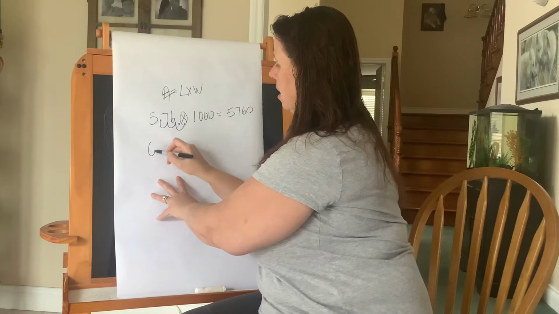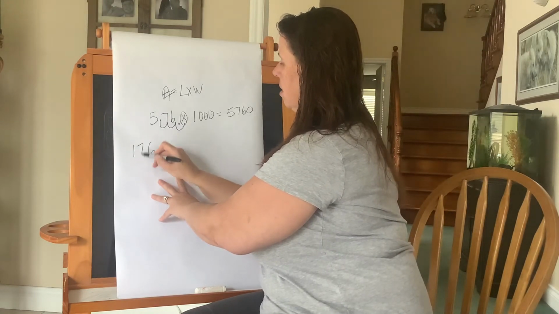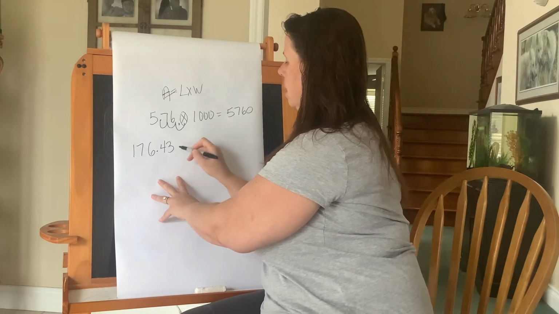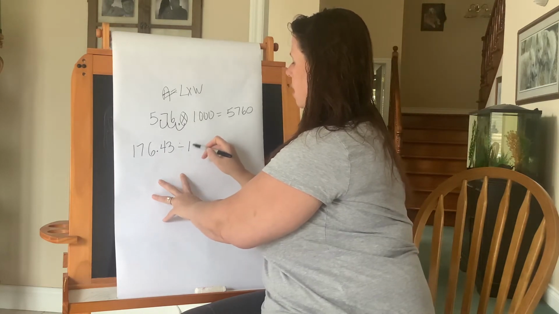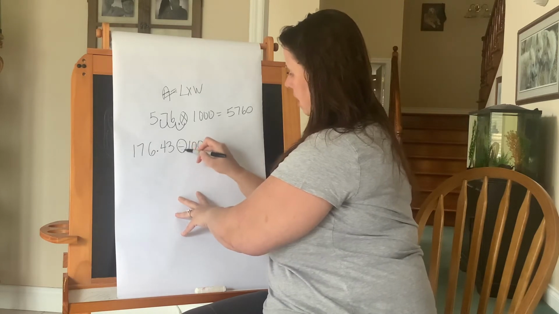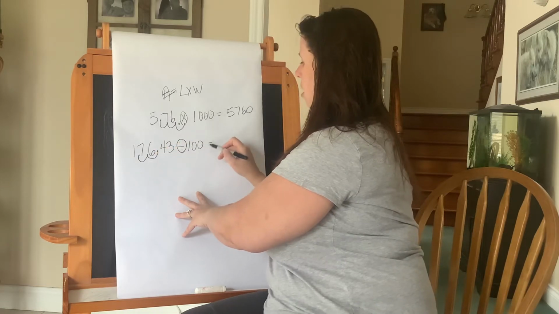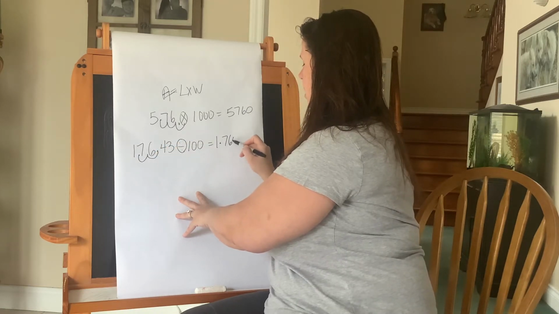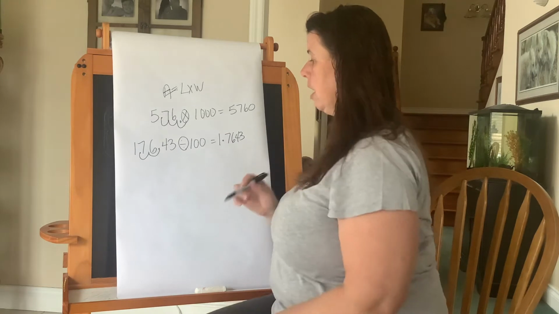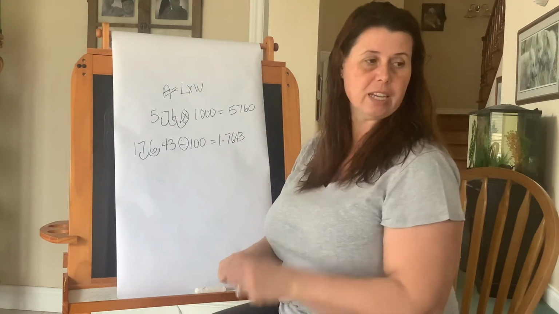If it's dividing, let's call it 176.43 divided by 100. I count the zeros, 1, 2, it's dividing, so the number's got to get smaller, so I go 1, 2, and I end up with 1.7643. Okay? Pause the video, go and do question 1. I'll see you back in a minute for question 2.